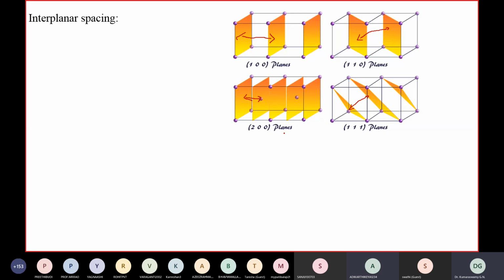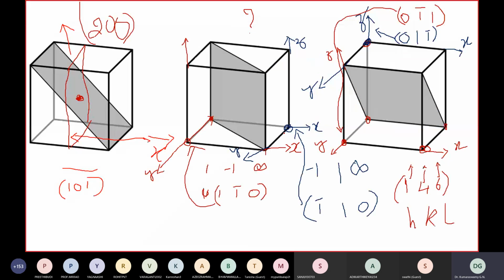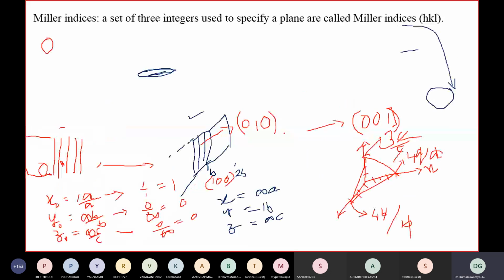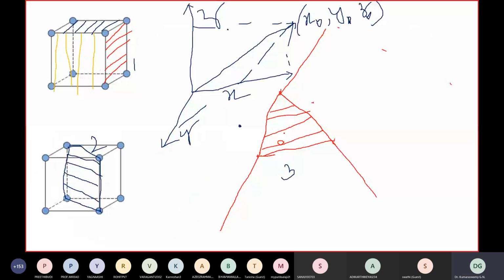Sir, but with what reference are you taking this as 110, 100 planes? See, I tell you, 100 plane. See here. This one is 100 plane if it is x-axis. This is y-axis.